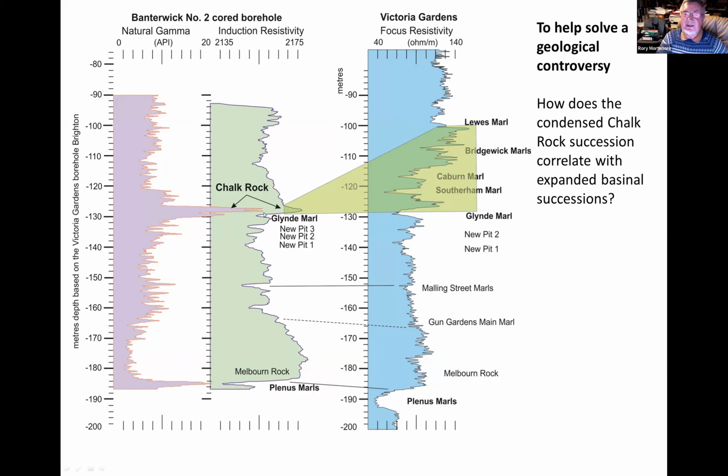So one of the things we've learned is, yes, we can use marker beds to build wonderful ground models, but those ground models may only be relevant to that particular area that you're working in, for example, the Chilterns. When you come down to the North and South Downs, you've got a different type of succession and different marker beds to pick up.